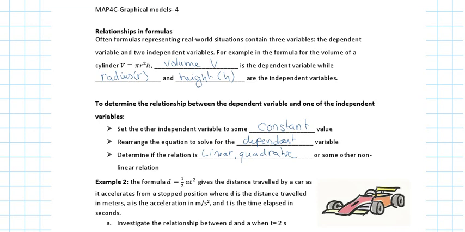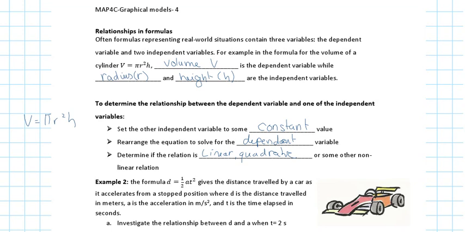So here's an example before moving on to example number 2. I have my formula here, which is V equals pi r squared h. Okay? Which one do you want to set constant? The radius or the height? The height. And give me a value for the height. The height is 5. Okay.